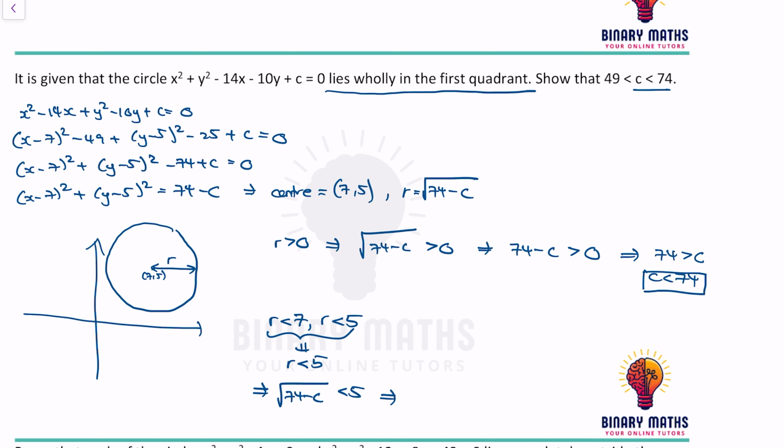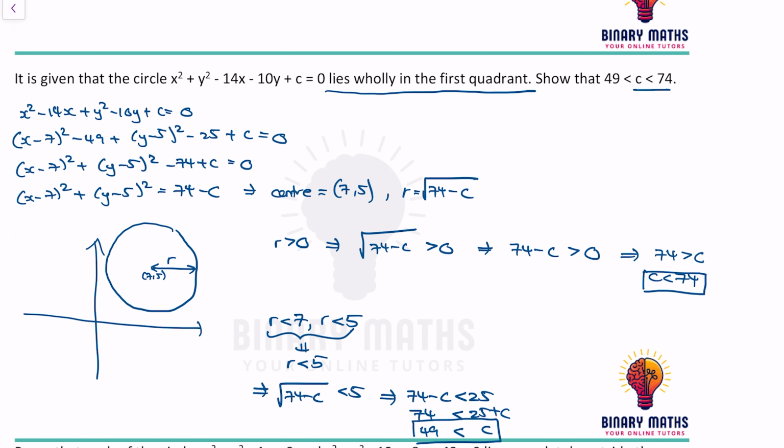If we square both sides, I get 74 − c must be less than 25, which means 74 must be less than 25 + c, which means c must be greater than 74 take away 25, which is 49. So this is the second one.